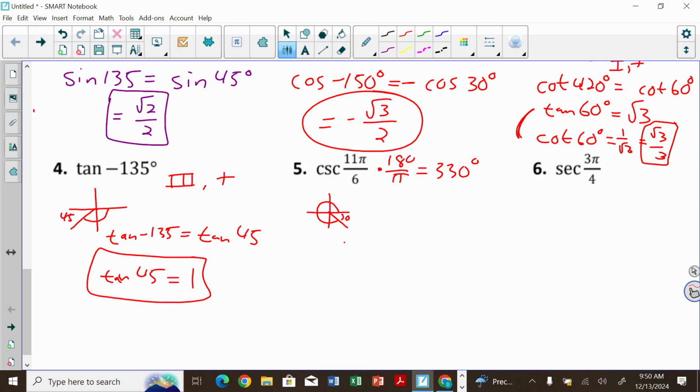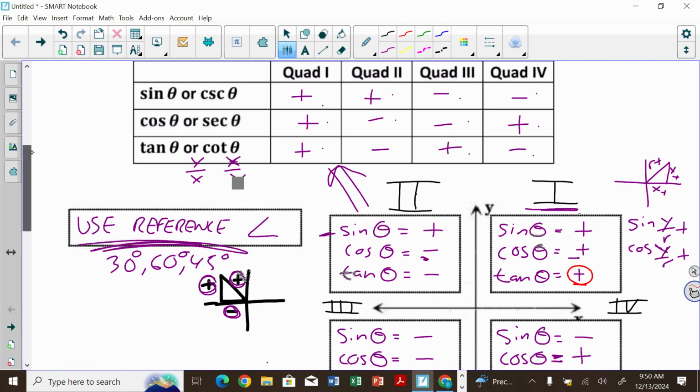So I'm looking at the cosecant of 330 degrees, which equals basically cosecant of 30 with the reference angle. But what quadrant are we in? We're in quadrant 4. So what is cosecant in quadrant 4? I look up here.